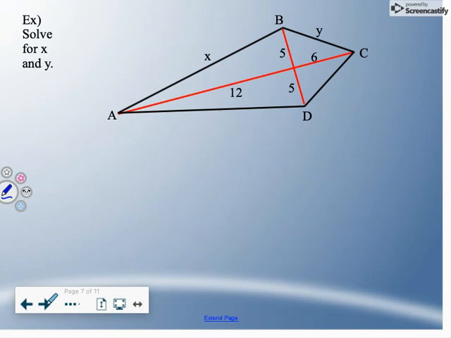Next example here, we're given some information and we need to solve for x and solve for y. So we have to use the Pythagorean theorem: a squared plus b squared equals c squared.